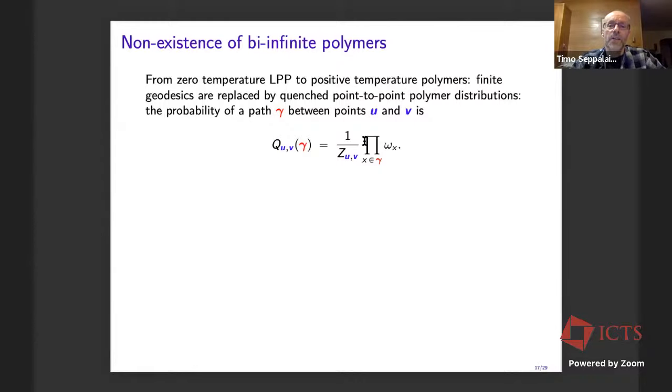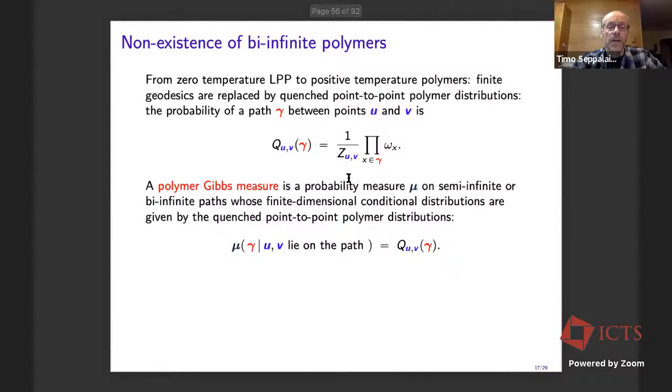So the weights now give probabilities. Between 2 points U and V, the probability of a path gamma is now the product of the weights along it divided by the normalization that makes it into a probability, the partition function. And semi-infinite or infinite geodesics are now replaced by polymer Gibbs measures.